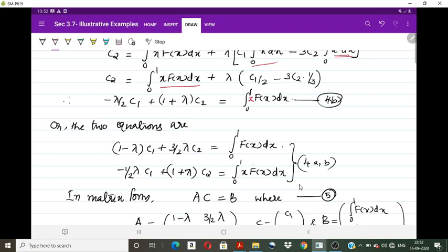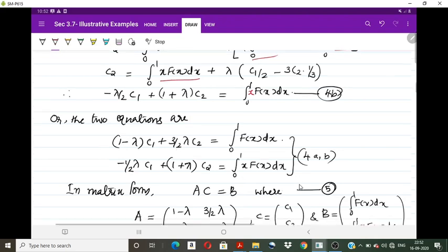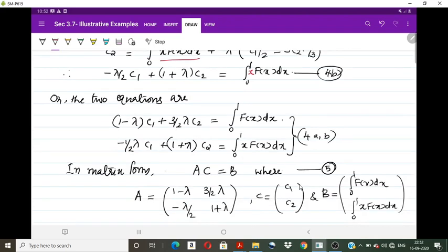This can be represented in matrix form as A C equals B, where A is the matrix with rows 1 minus lambda, 3 by 2 lambda, and then minus 1 by 2 lambda, 1 plus lambda. C is the unknowns to be determined, so C is the column matrix C1, C2.